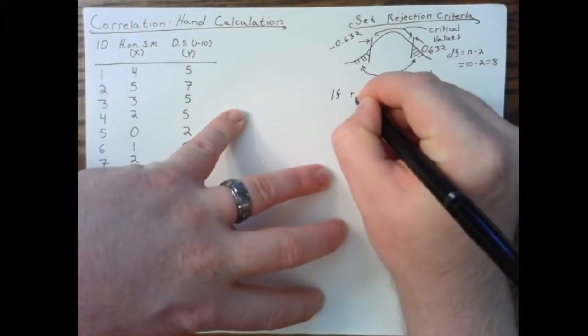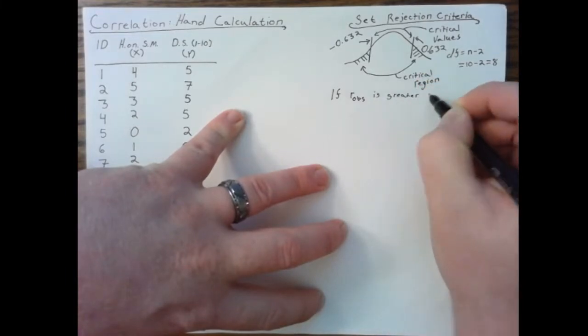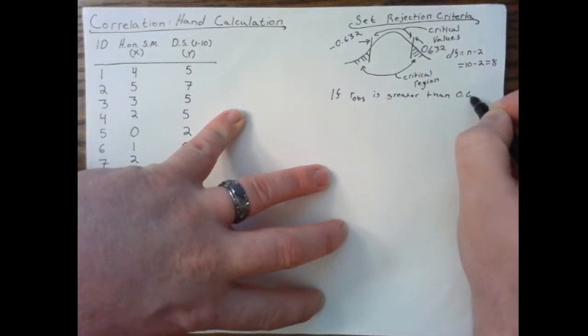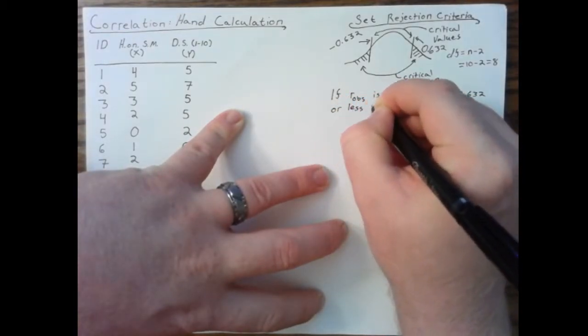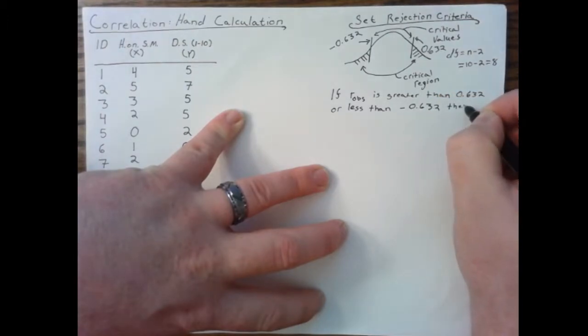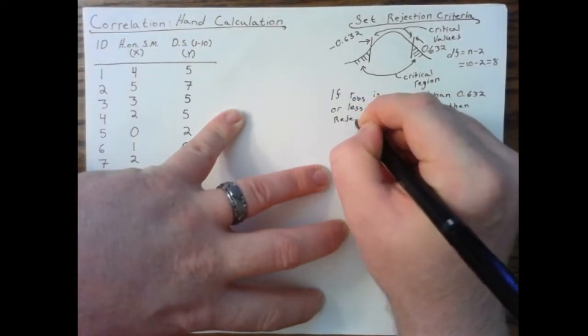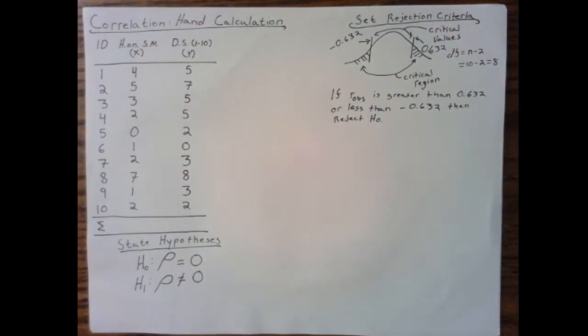So what this comes down to is if the R observed, or R, our Pearson correlation coefficient, is greater than 0.632, placing it in this critical region, or it is less than negative 0.632, placing it in the left-hand critical region, then we end up rejecting that null hypothesis.